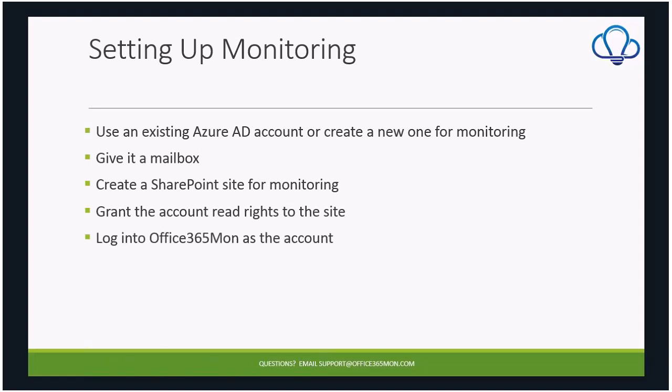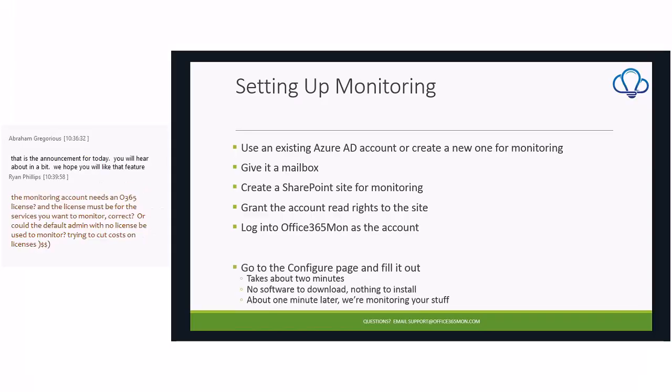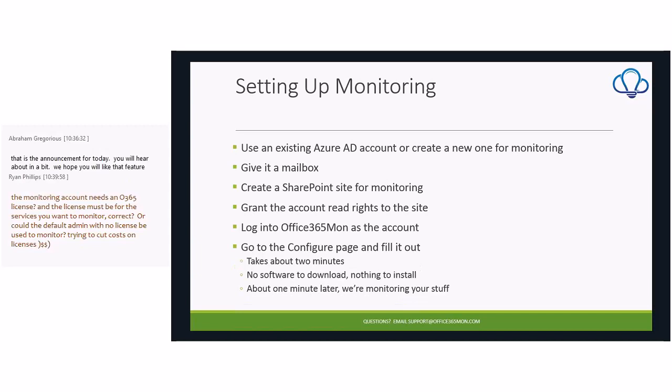And then you'll log into our site, the Office 365 Mon site, and you'll just open up office365mon.com, and up in the menus you'll see a menu that says Configure, and then under that, Office 365 Mon. When you select that, it will require you to log in, and that's when you would log in with this account that you're going to use for monitoring. Once you're in there, it takes about 2 minutes.